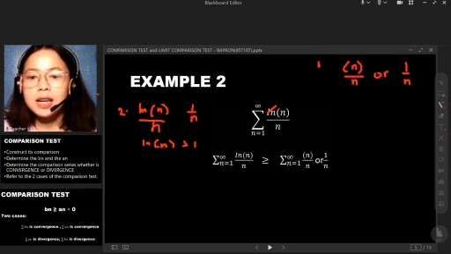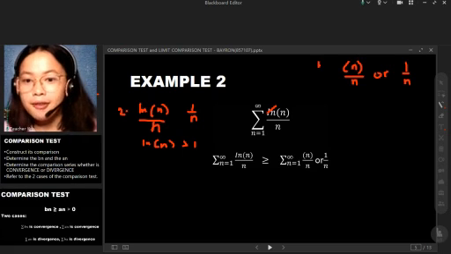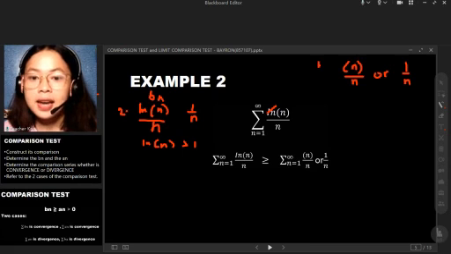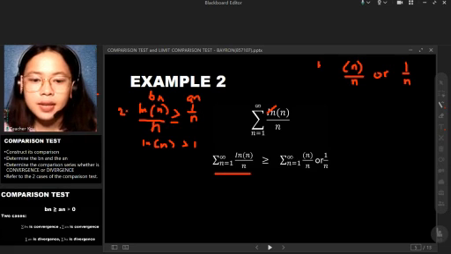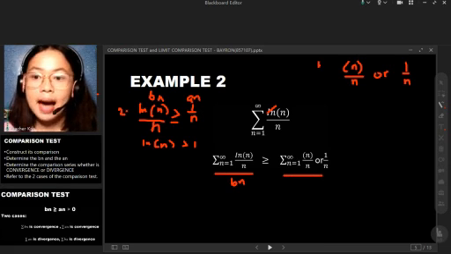So in this case, the natural log n over n is our big sequence, and 1 over n is our small sequence. So take note, this series was our big sequence, and this series was our small sequence.